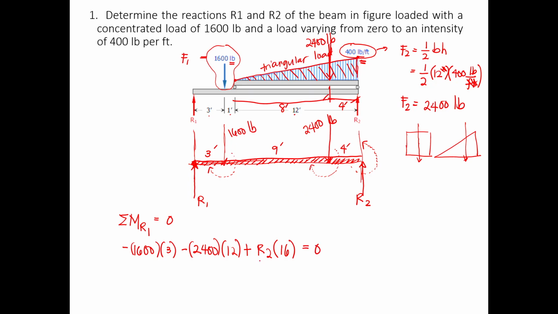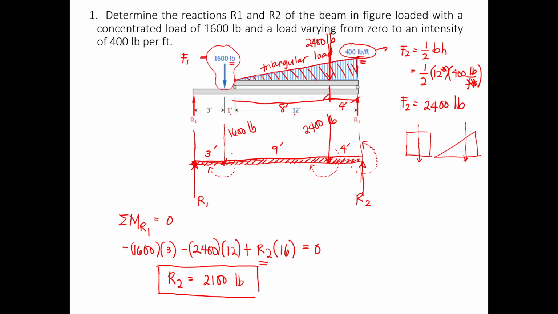Notice that the only unknown force here is R sub 2, so you can use your calculator in solving this. The reaction at the second point is 2100 pounds.